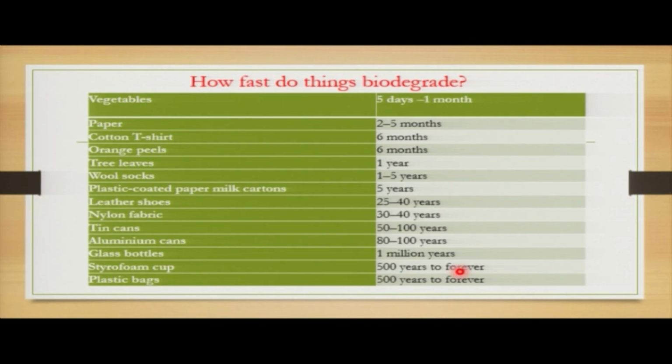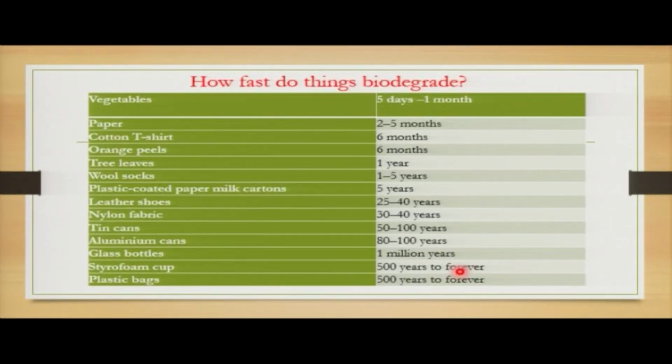So don't throw them anywhere, because these have a very, very harmful effect on the environment. The plastic bags, like polythene papers, 500 years. So it is very important to take note of that.